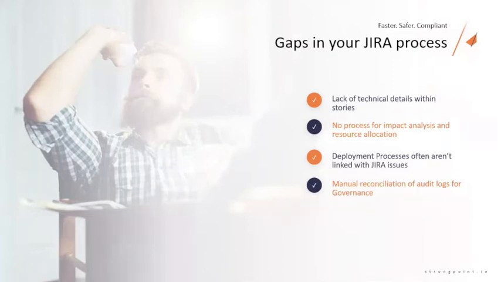How can we link your JIRA issues or your JIRA tickets with your deployment processes so that you can't deploy unless it's approved? And then how can we really automate the tracking of it all? Not only the reconciliation of change logs back to your JIRA tickets, but also the identification of things that happened outside of your JIRA tickets.